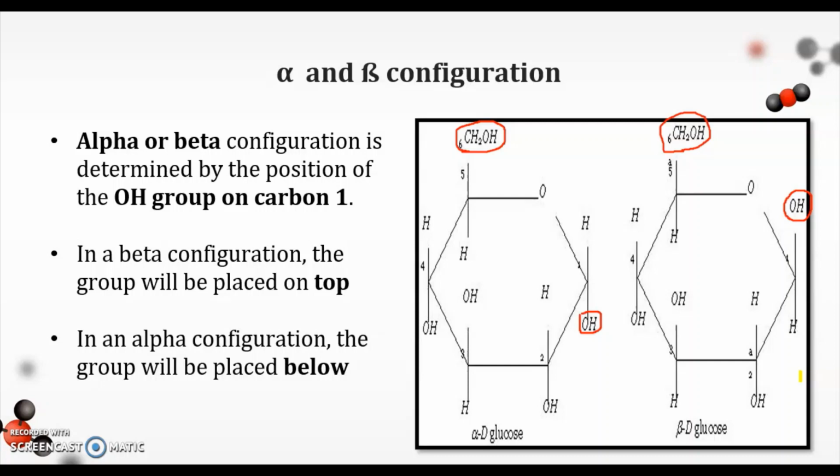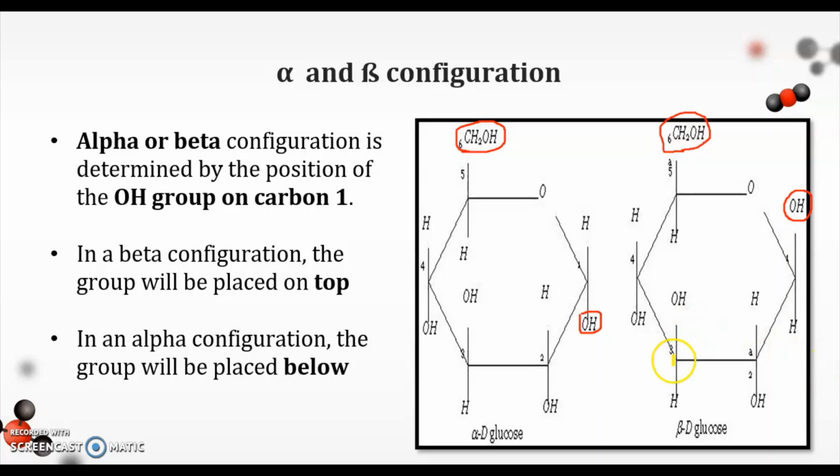Alpha and beta configuration. Alpha or beta configuration is determined by the position of the hydroxyl group on carbon 1. In a beta configuration, the group will be placed on top. In an alpha configuration, the group will be placed below.